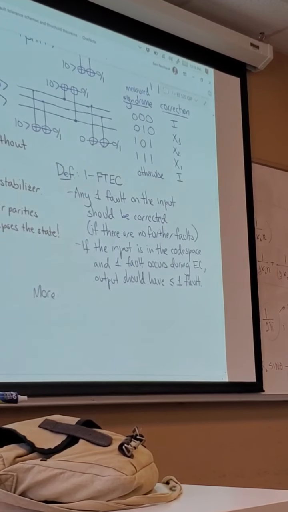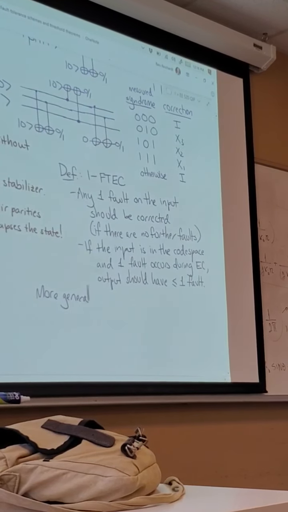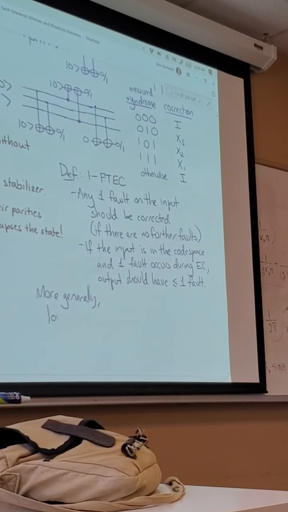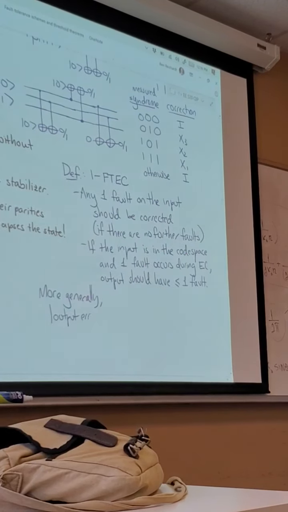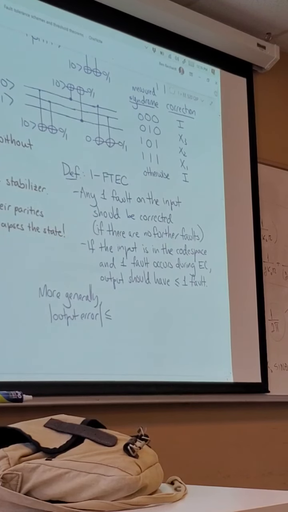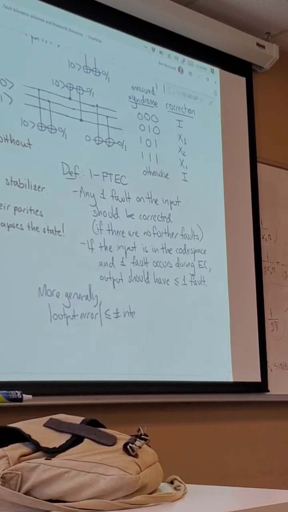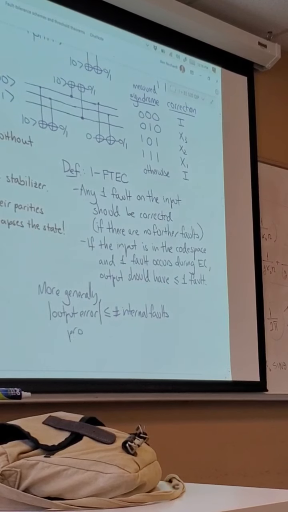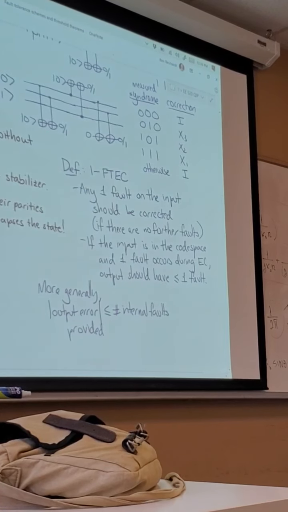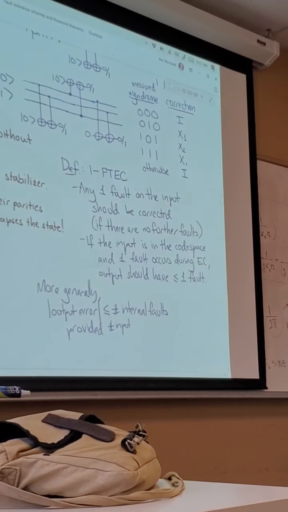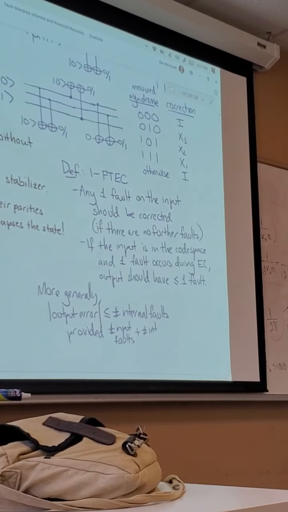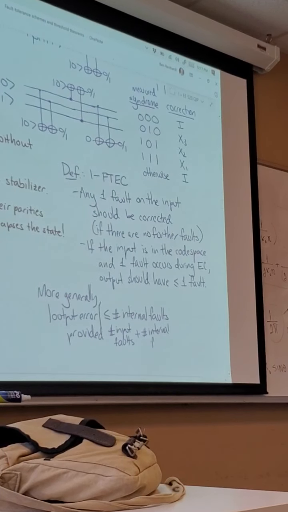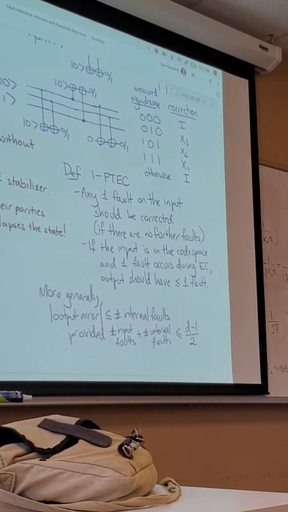Or generally, the weight of the output error should be less or equal to the number of internal faults, provided the number of input faults plus the number of internal faults is less or equal to whatever distance you want to get to, d minus 1 over 2.